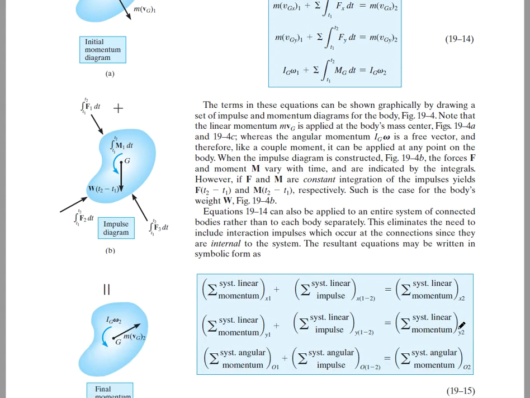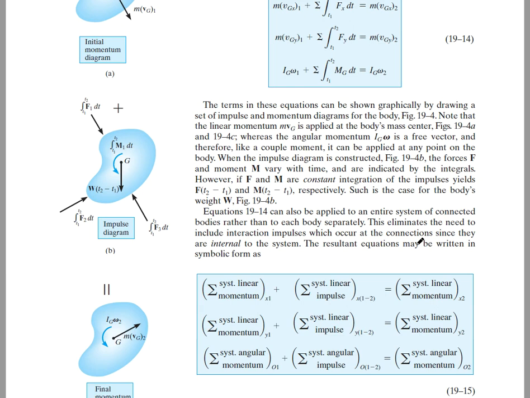If we have systems of interconnecting bodies, although the chapter is called Planar Kinetics of a Rigid Body Impulse of Momentum, we can have systems of bodies like a pulley and the rope, massless rope, and the weight attached.